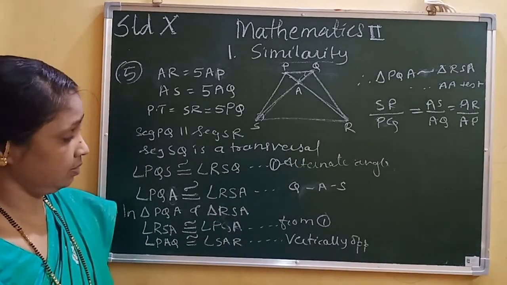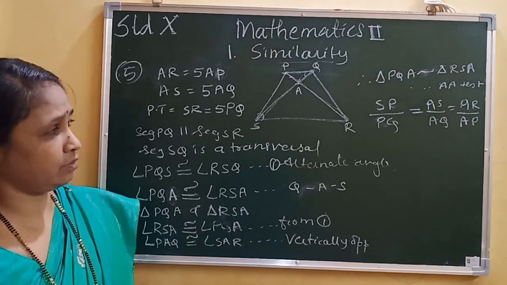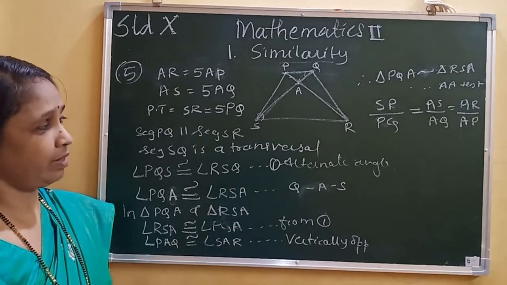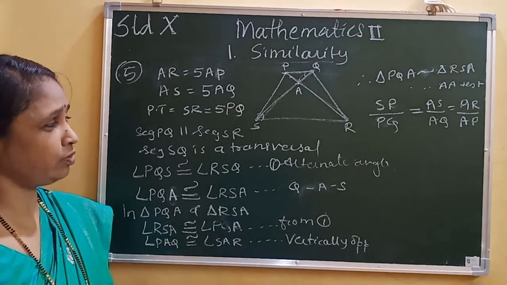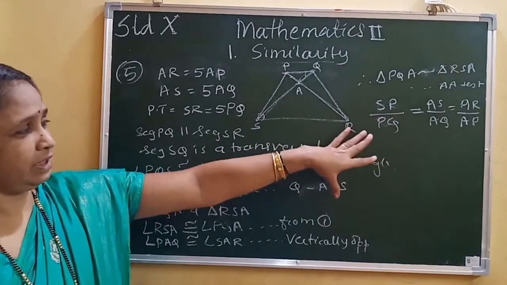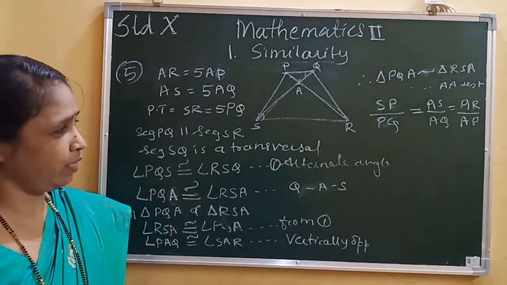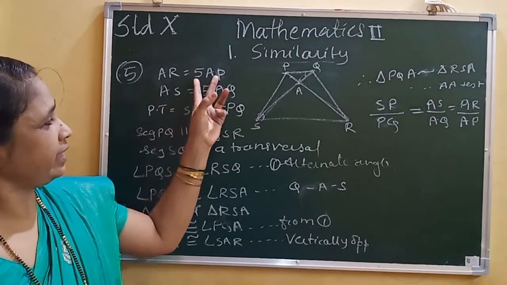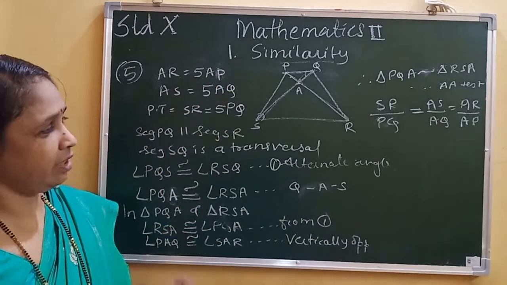So what is this? Corresponding sides of similar triangles. Okay, as these two triangles are similar by a test, so by corresponding sides of similar triangles we can take this ratio. So now the ratio I have taken bigger sides upon smaller side. So see, now SP upon PQ, now AS upon AQ. Now here what? See, AR is how much? 5 times AP. Okay, AR is 5 times AP.